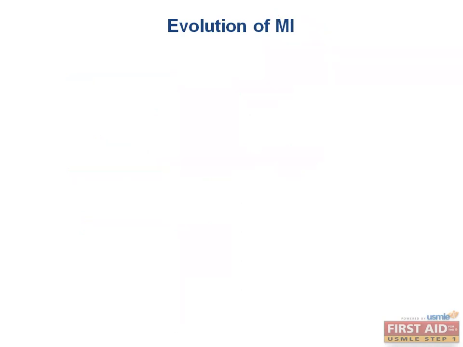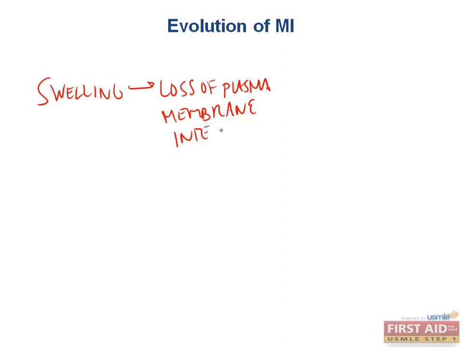The general theme behind the evolution of an MI is that it goes from swelling, so temporary reversible injury, and then you get loss of plasma membrane integrity. This leads to the onset of coagulative necrosis.